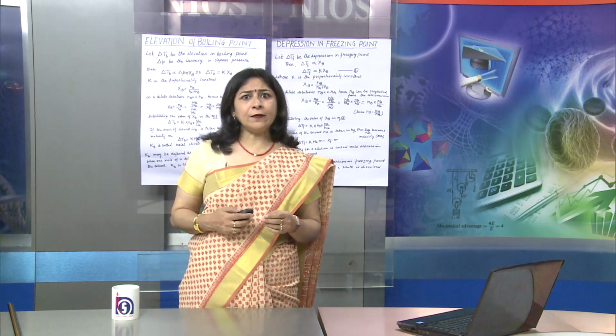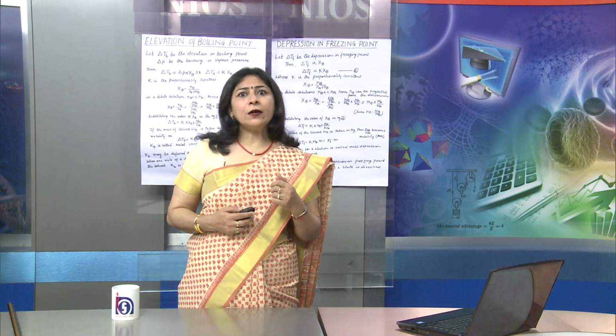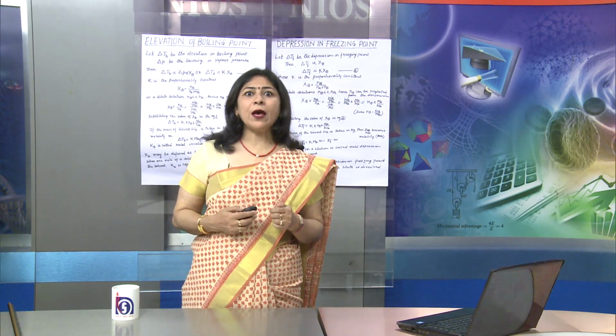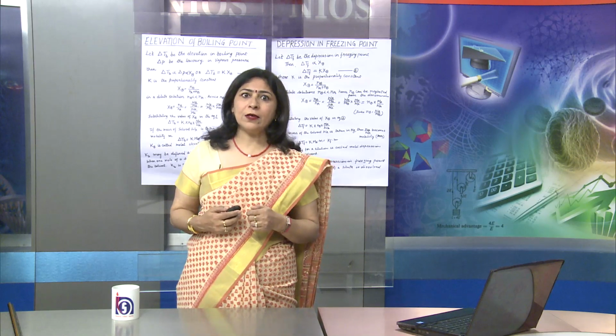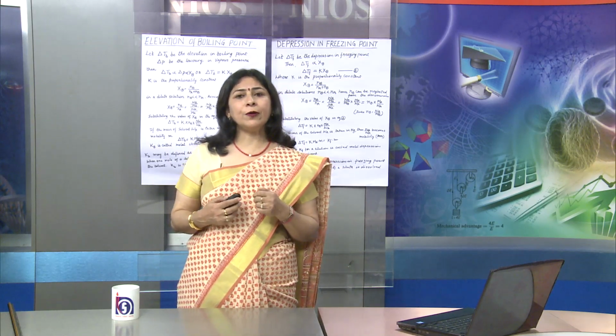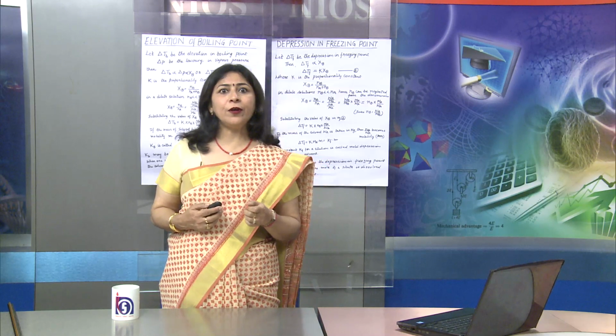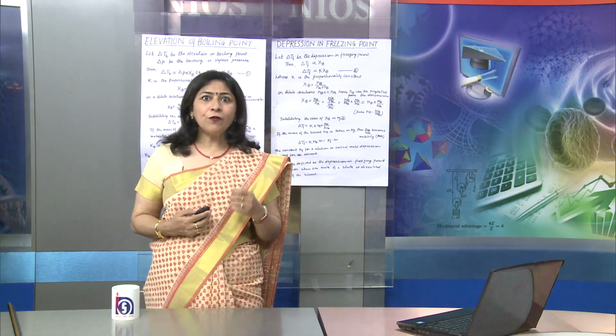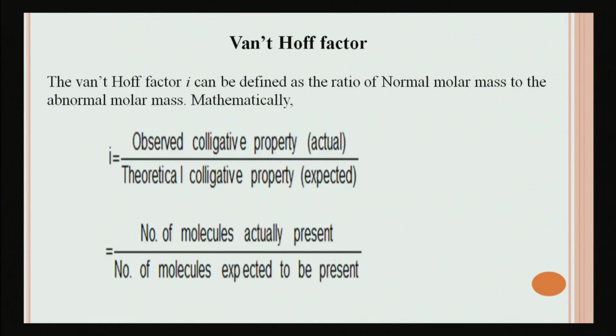So, in 1880, Van 't Hoff introduced factor i, which was named the Van 't Hoff factor. The Van 't Hoff factor accounts for the degree of dissociation or association. The Van 't Hoff factor i can be defined as the ratio of normal molar mass to the abnormal molar mass.